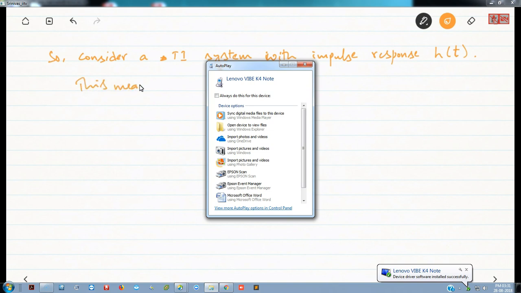This means that delta of t produces h of t.